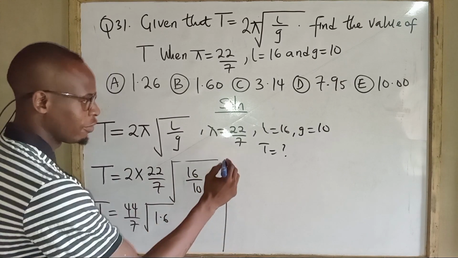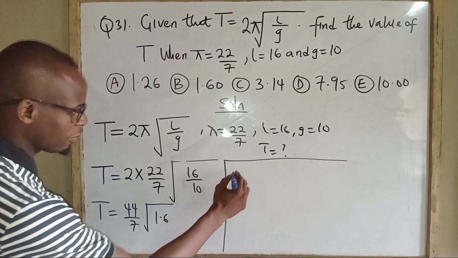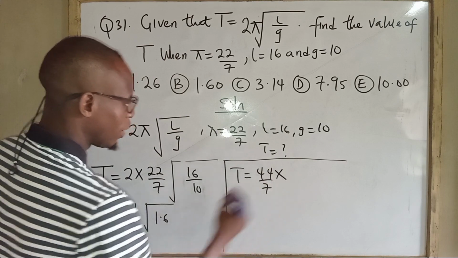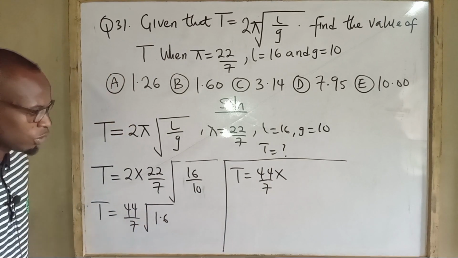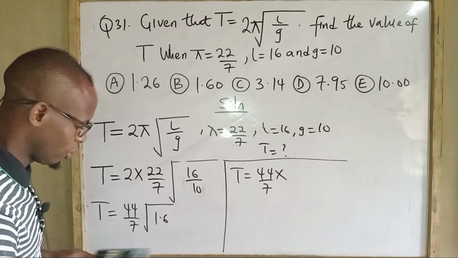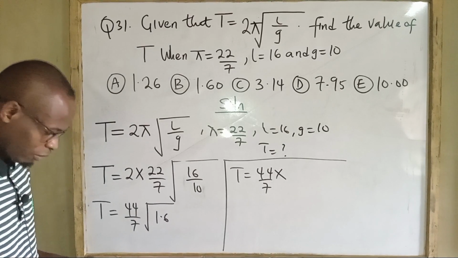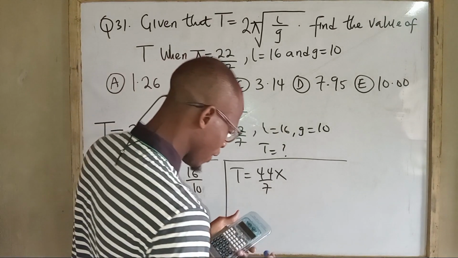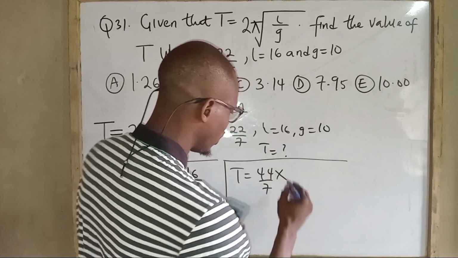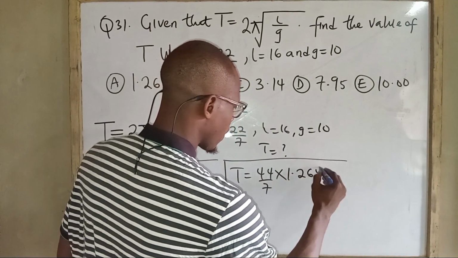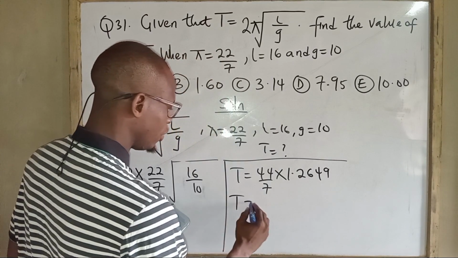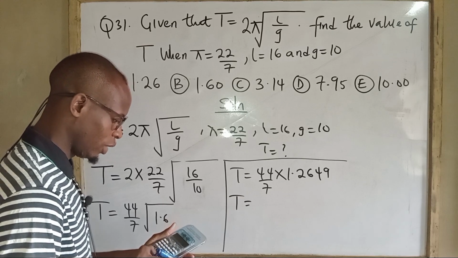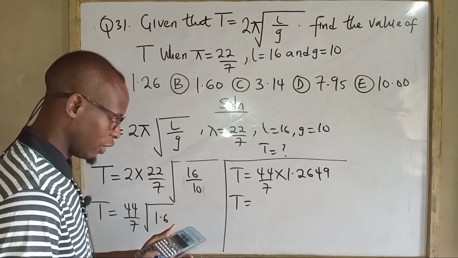So from there we can now have t equals 44 over 7, then multiply by the square root of 1.6. I think I'll be using a calculator for that, it will be easier. So we have 1.2649. If you multiply and divide straight, that's 44 multiplied by 1.2649 divided by 7.